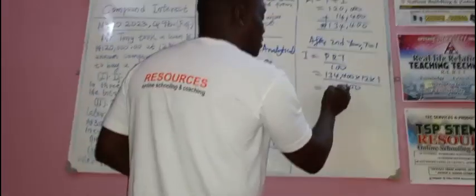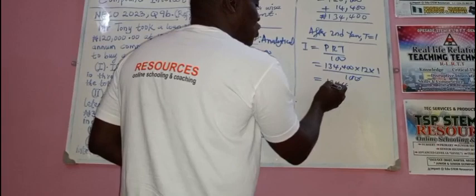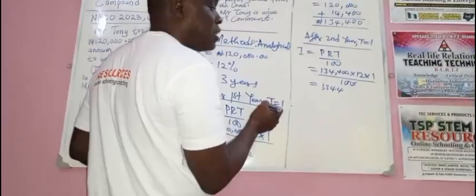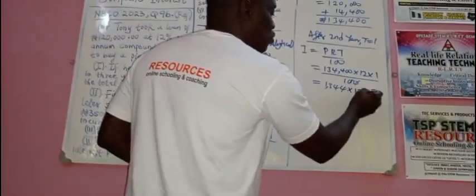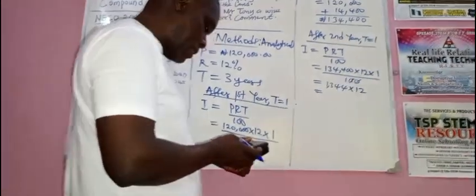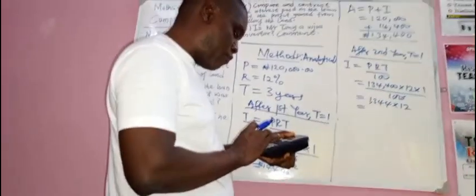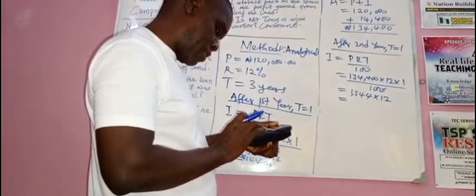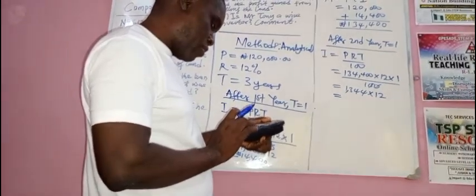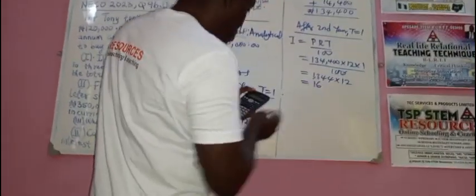So I have 1,344 because this 20 cancels this 20. So I have 1,344 times 12. So what is that? I have my calculator here. Let's quickly press that. 1,344 times 12. So I have 16,128.